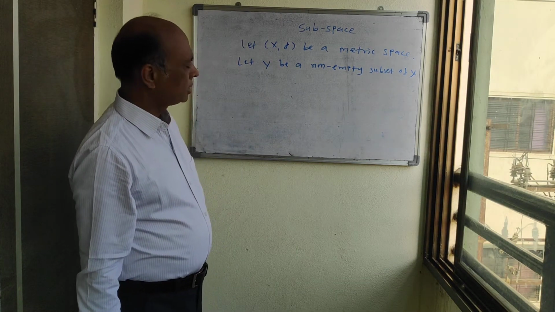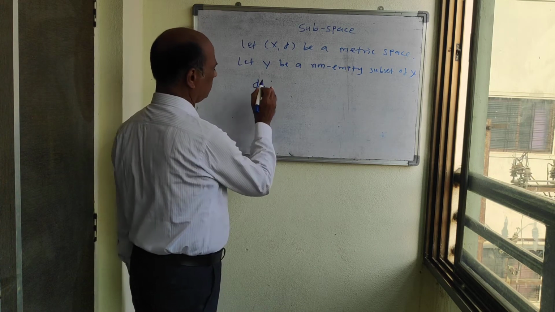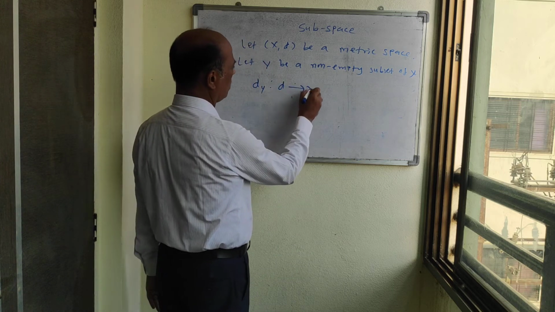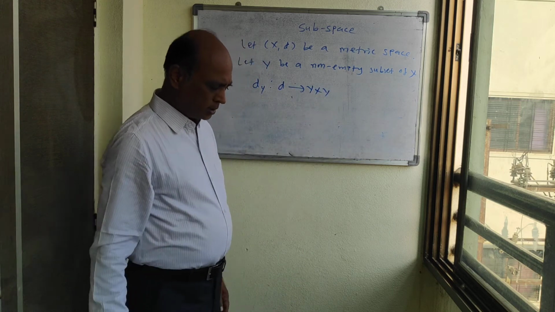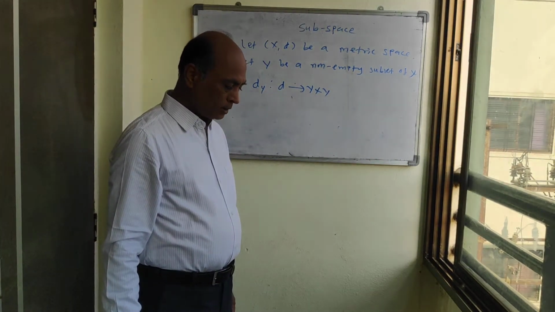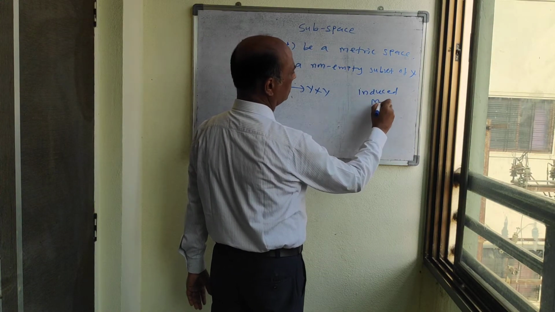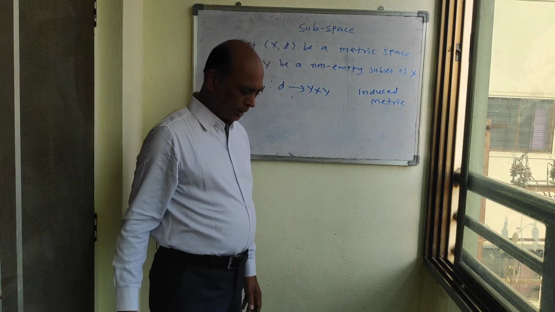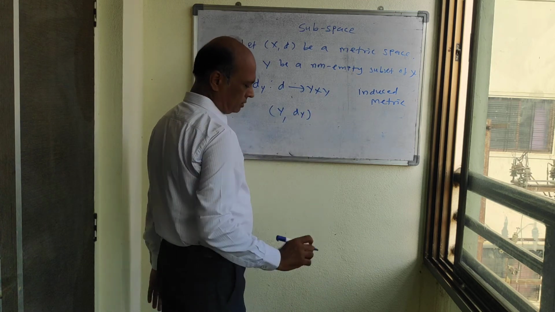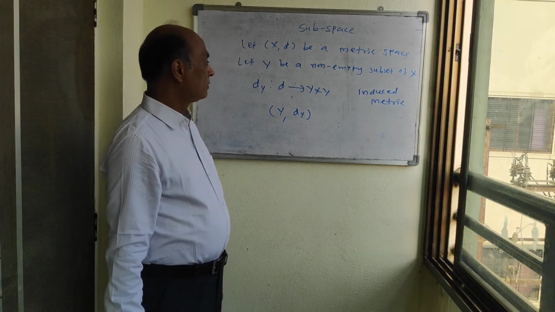So let Y be a non-empty subset of X, then the restriction map D_Y from Y cross Y is a metric on capital Y, and it is called the induced metric. And in this case, the metric space (Y, D_Y) is a subspace of metric space (X, D).